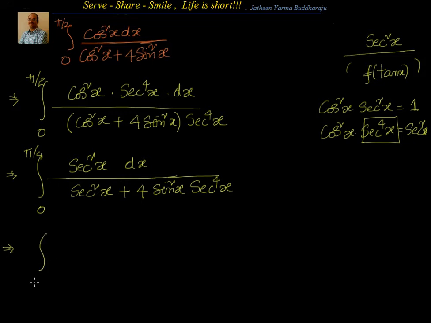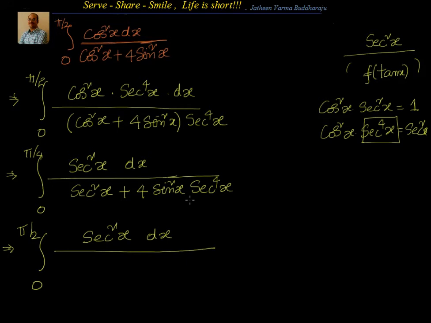Our next step will be 0 to pi by 2. We will have secant square x. Now, as we planned, we got the numerator in terms of secant square x. The only thing we have to make sure of is that our denominator is now in terms of a function of tan x, so that we can say tan x equal to t and secant square x dx will convert into dt.